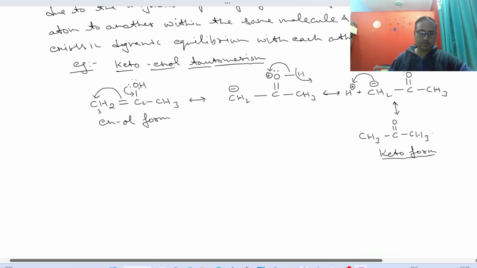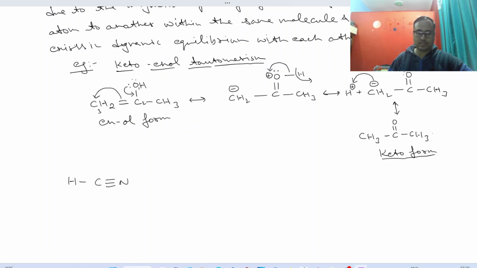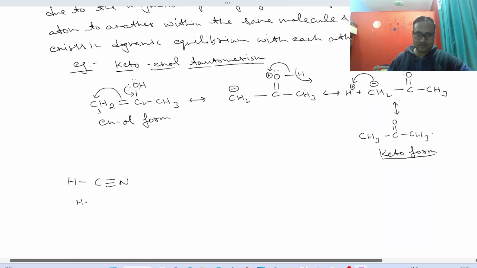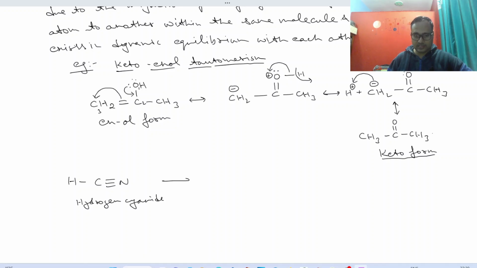Let me give an example of the diad system, that is HC triple bond N, hydrogen cyanide. It can also be represented as C triple bond N then H, with a lone pair.